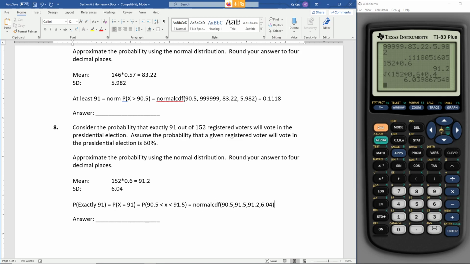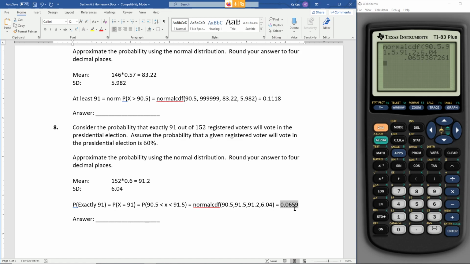So let's try that. 90.5, 91.5, 91.2, 6.04, and I got 0.0659, and that's the answer.